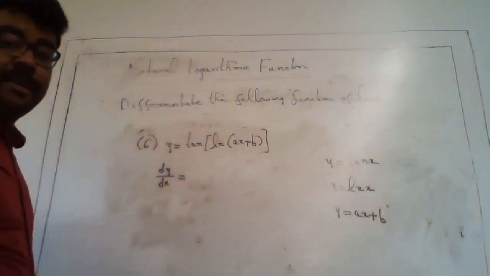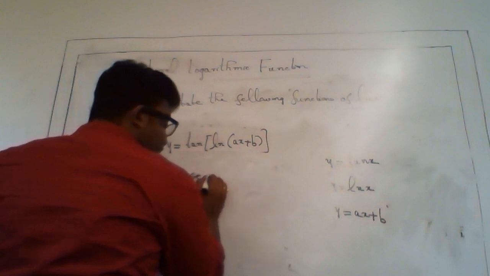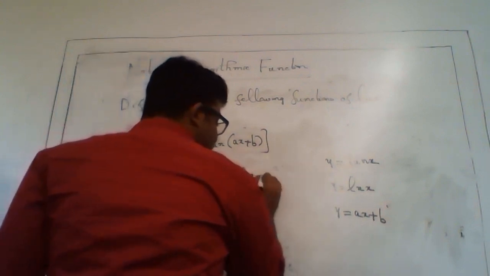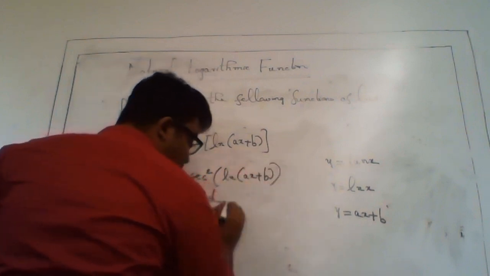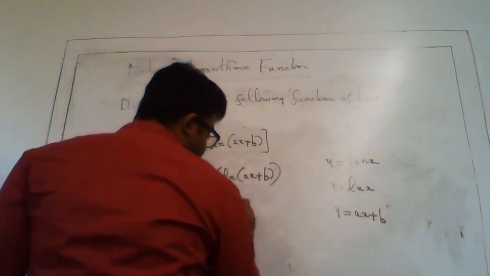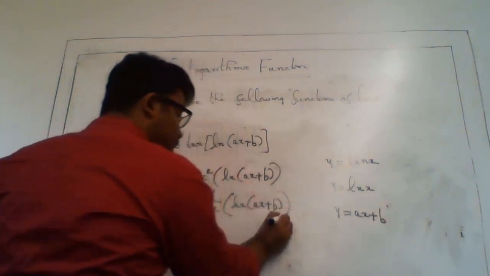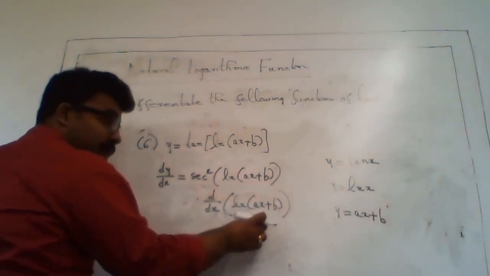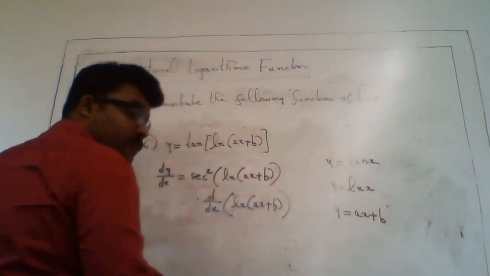Okay. Now, what is the derivative of tan x? The derivative of tan x is sec squared x. So I write sec squared in place of x, what is inside, ln(ax plus b), times the derivative of whatever is inside, so d/dx of ln(ax plus b). Now here again there are two functions, so I have to apply the chain rule again. The outer function is ln x and the inner function is ax plus b.